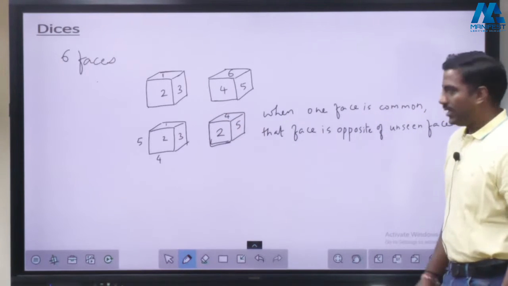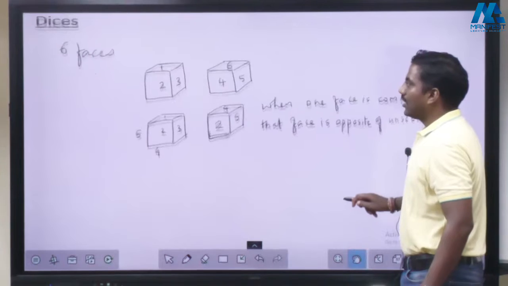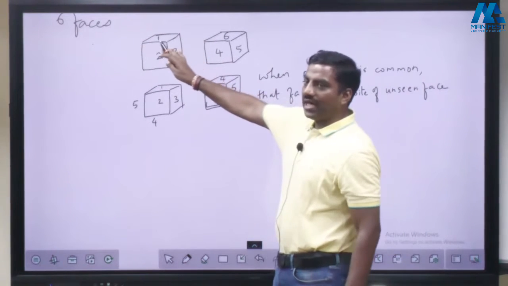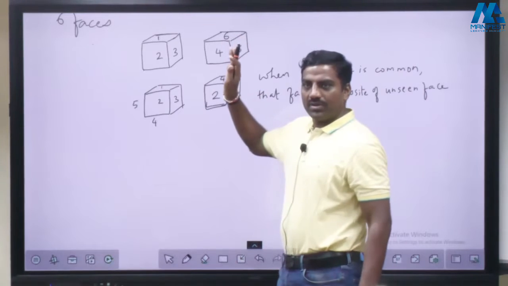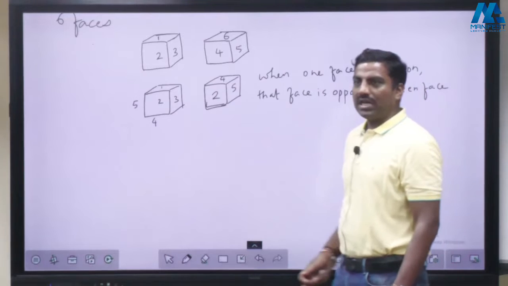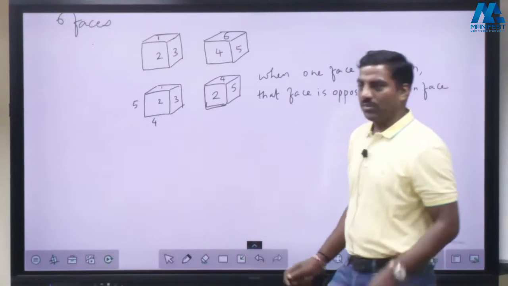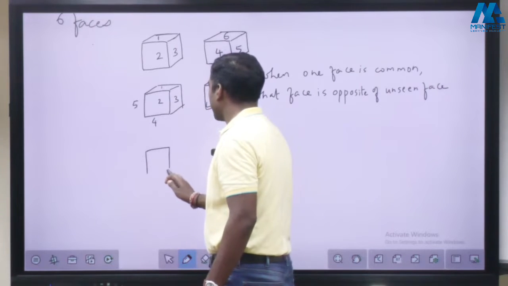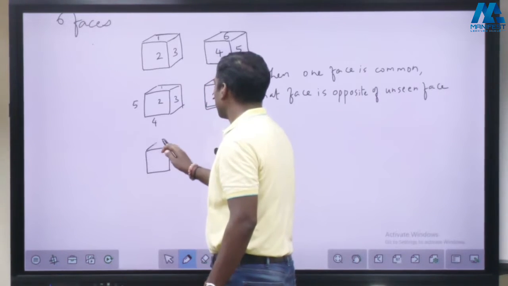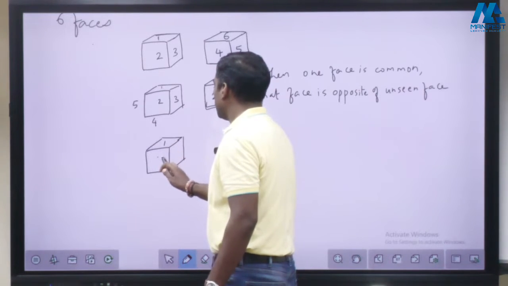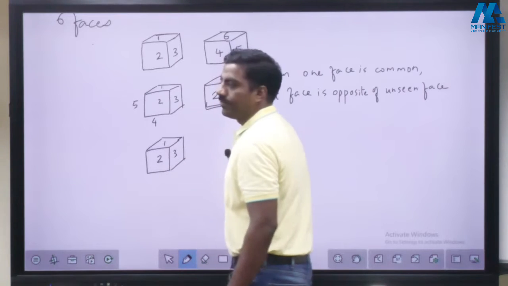Yes? Next. Here we are coming from what extremity? When all these 3 are different from these 3. Now, when one face is common, this is the thing. Now I'll do what? 2 faces common. 1, 2, 3.